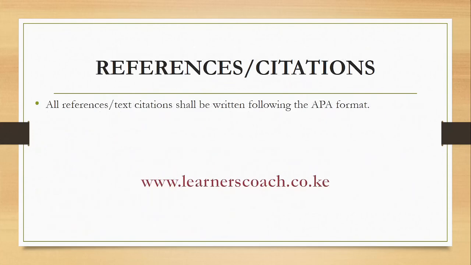So if you got some materials from other areas, you are supposed to cite or do some references, and the format is the APA referencing style, right? So cite every book maybe that enable you to do something. If someone gave you some information, you can even mention them, right? If you watched some video from our website or YouTube, for example, always mention where you got that particular information.